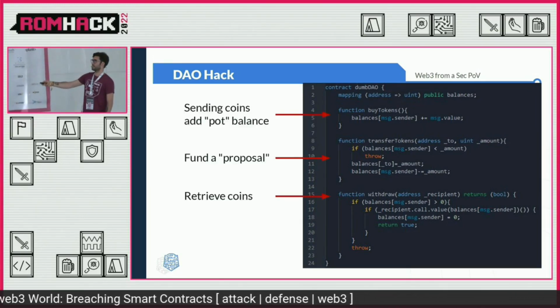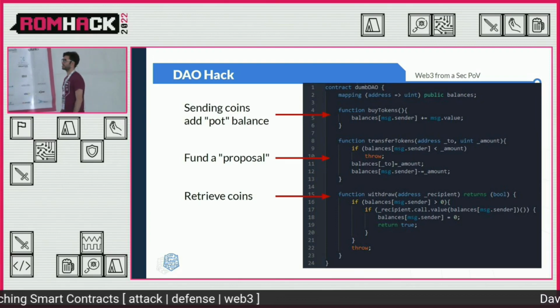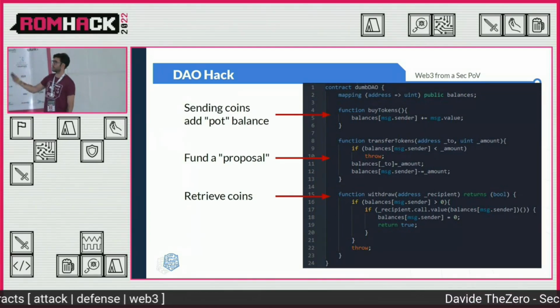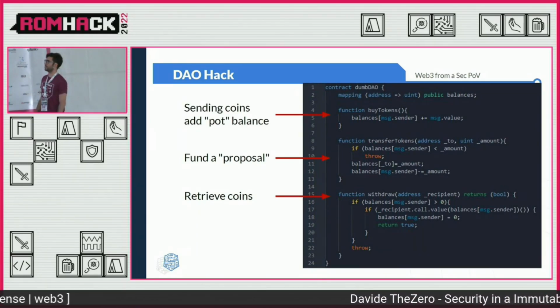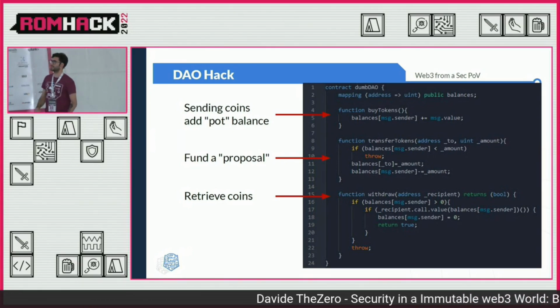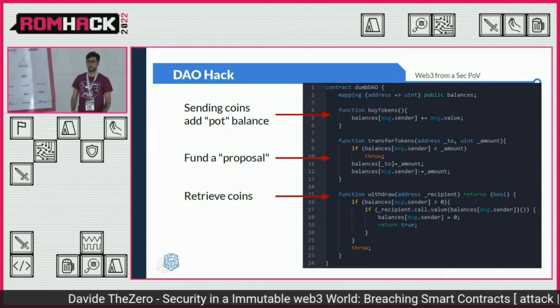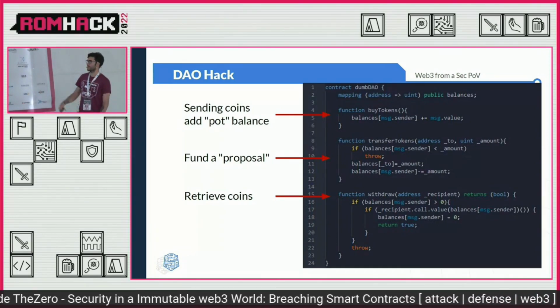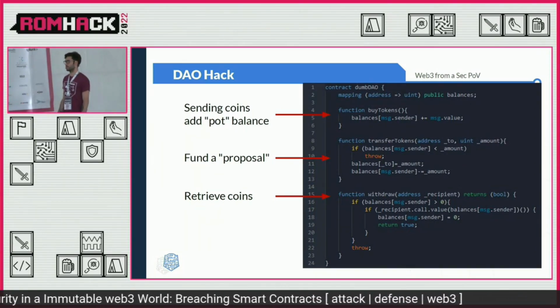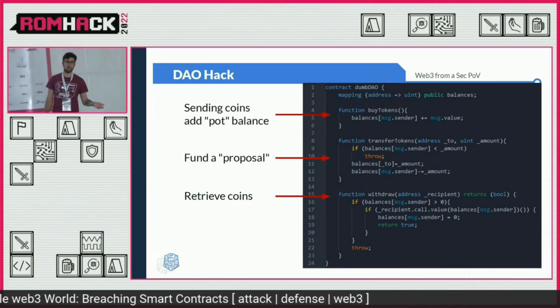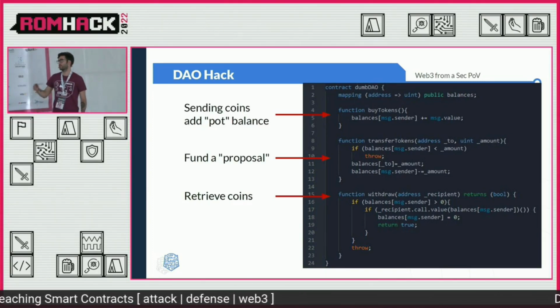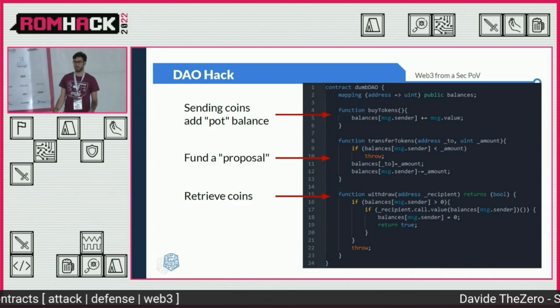Basically, there are three main parts. The first part, inside the buy token function, is implemented to send coins to the contract and store them inside a pot. Then there is the transfer token function that is used to fund a proposal, so to transfer money to other people.